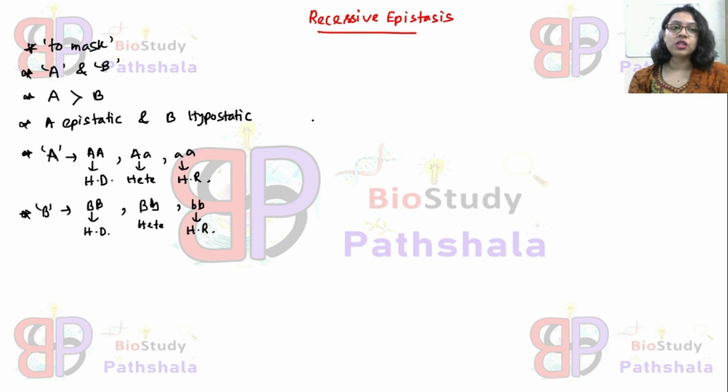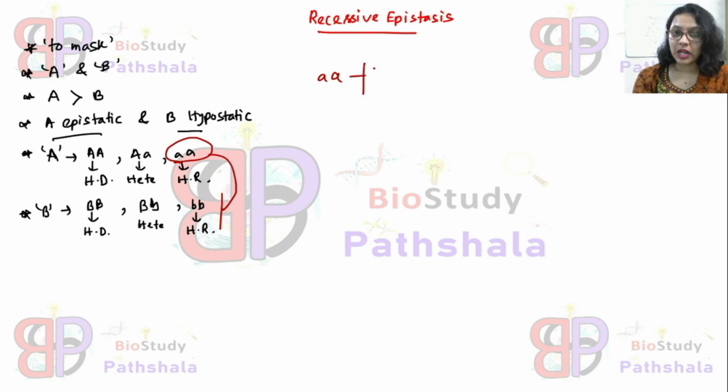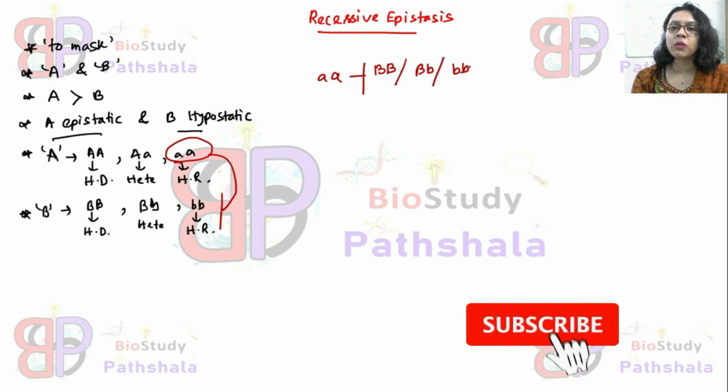As I mentioned, A is epistatic and B is hypostatic, that means the A gene will show its suppression effect, or its epistatic effect, on the B gene. But as it is recessive epistasis, the homozygous recessive genotype of A gene will show its epistatic effect on B gene. That means the small a genotype will suppress the function of the capital B genotype, or small b.